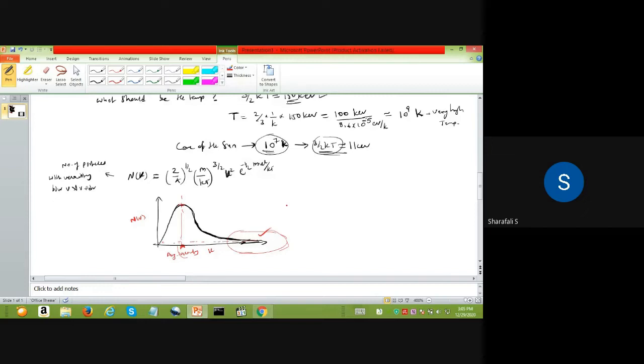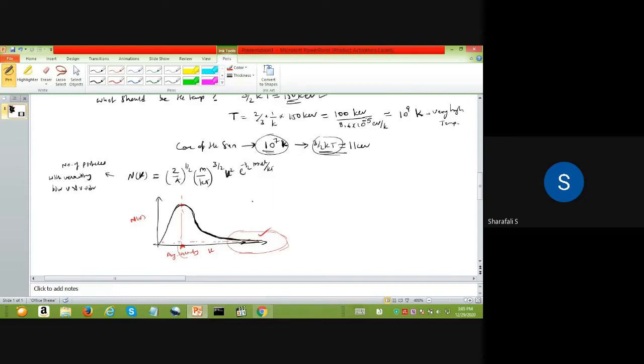If you consider that Maxwell distribution, in this particular case, some nuclei will be there with enough energy to cross that potential barrier. But most of the nuclei, almost 99 percent, will have lesser kinetic energy than the potential barrier, and very few nuclei will have enough energy to cross that potential barrier.